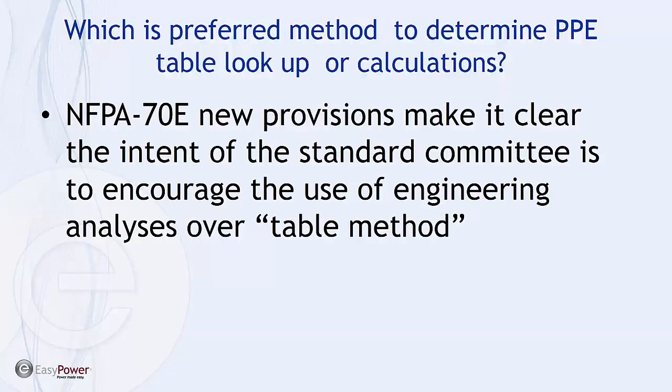And heretofore, the assertion was that NFPA 70E doesn't really take a stance, but by virtue of the two previous slides, and this is my opinion, and it's been echoed by others in the industry, the new provisions make it clear that the intent of the standard committee is to encourage the use of engineering analysis over the table method.